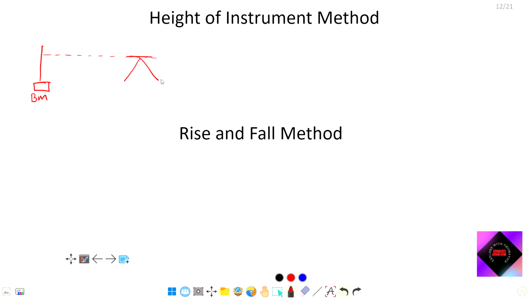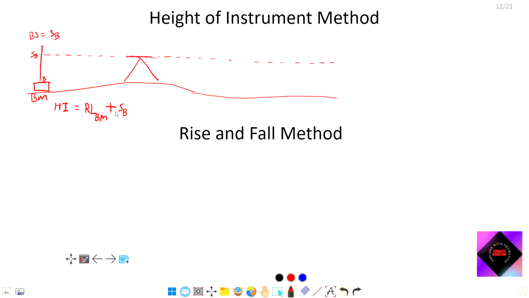If this is our instrument position, we set up its height of line of sight, and this can be calculated by taking backsight reading as B. Height of instrument will be equal to RL of benchmark, which means elevation of benchmark from mean sea level, plus the backsight of benchmark, which is equal to SB.